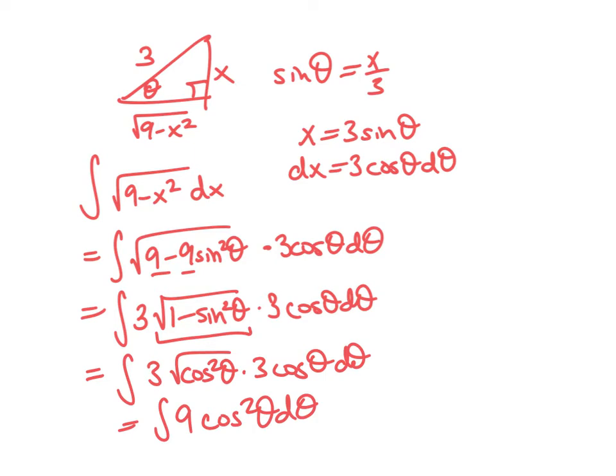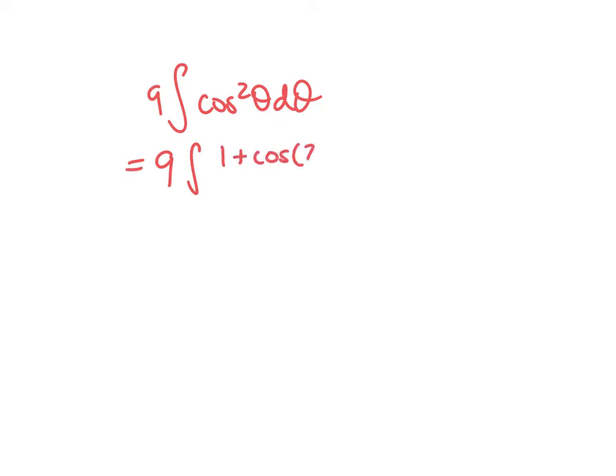All right, well now we are most of the way done, because this is something we learned how to do previously, right? We know how to deal with even powers of cosine. So we can pull out the 9, and our cosine squared theta we can rewrite using our trig identity, our double angle formula, as 1 plus cosine of 2 theta over 2 d theta.